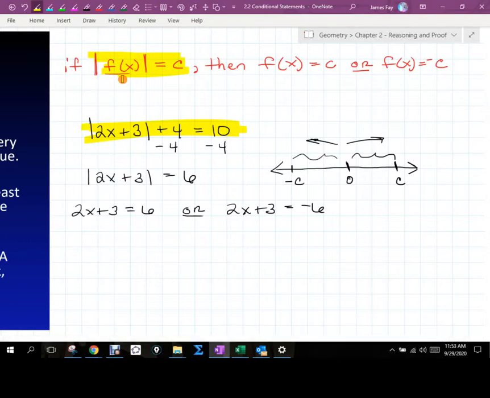That's why initially we didn't rewrite the problem and say equals 10 and then equals negative 10. We had to move that 4 over first because we needed an equation that looked like that. Because now the two things I have highlighted are the same.